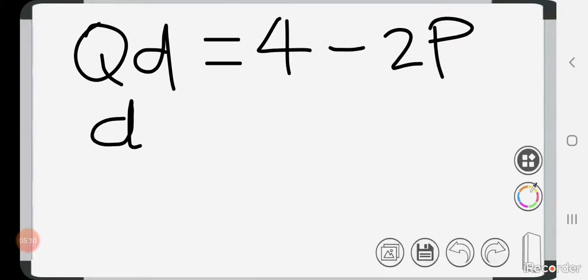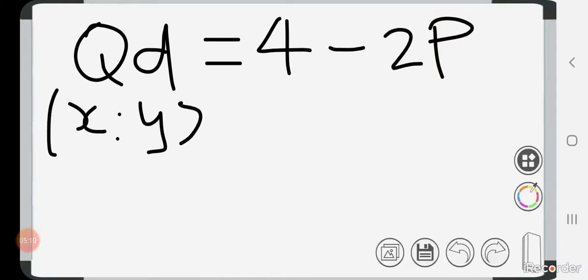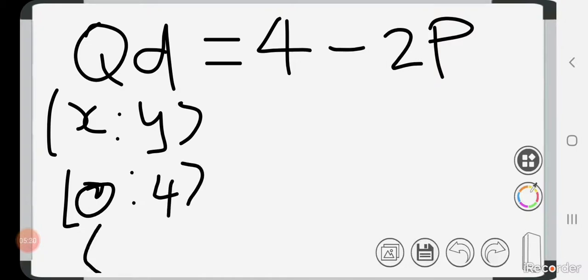Now, we know that we have the following coordinates of x and y. Let's say these are the coordinates. We've said that when x is 0, y is 4. And the other coordinates are where y is 0, then x is 2.